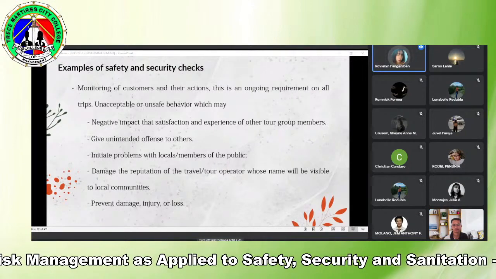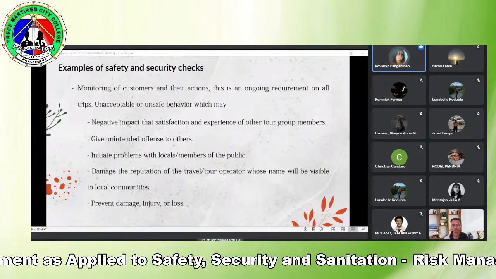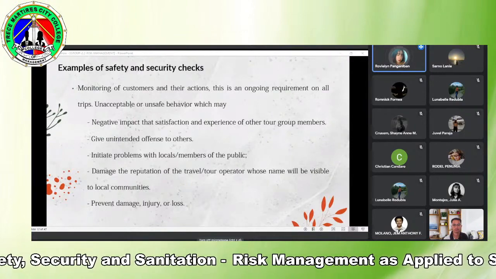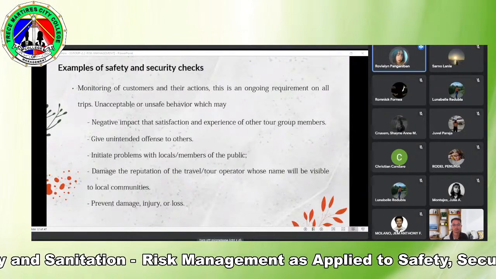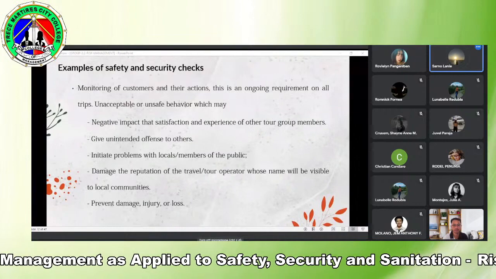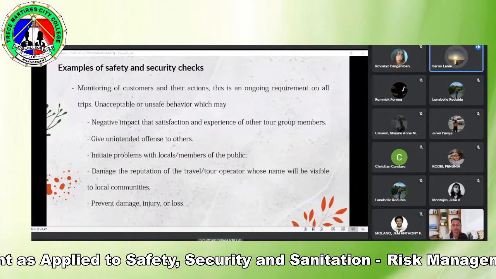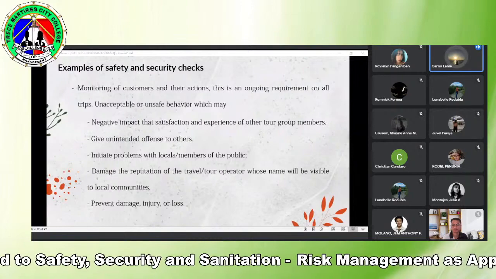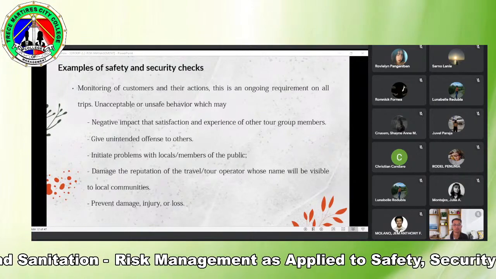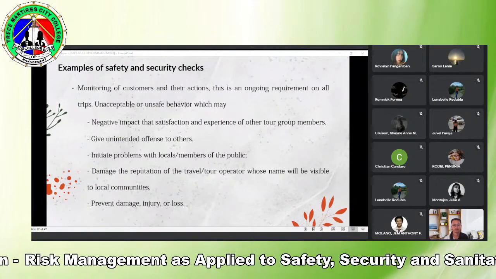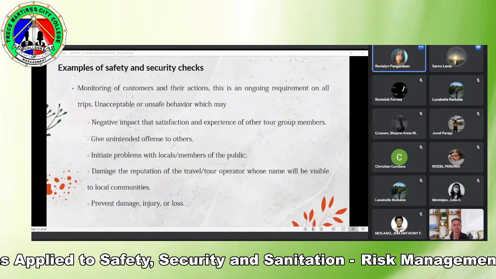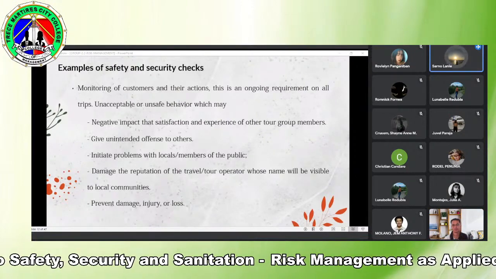My question is kung ano yung tingin niya sa ibig sabihin nito. Pwede pa try. Baka kasi posible pong hindi na sila uulit sa pag-visit po ng lugar po. Or magkakaroon po sila ng negative feedback sa customer po.